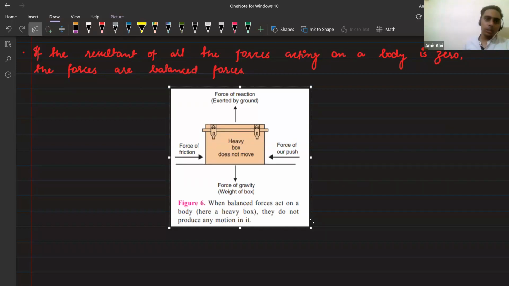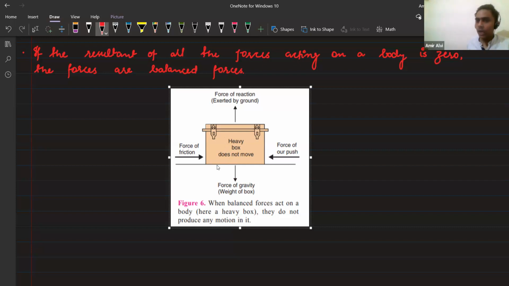In this example you will see that the box is lying on the floor without any movement. Force of gravity is downwards because gravity attracts toward the surface. Yes or no? This is known to everybody, yes or no? Yes. Okay. So the box is lying here.